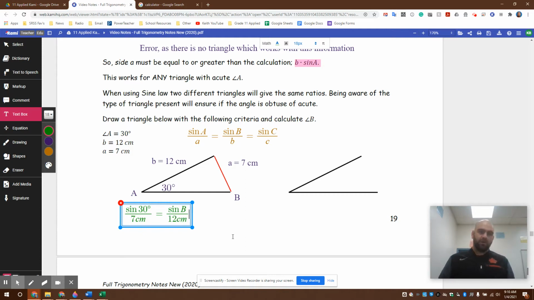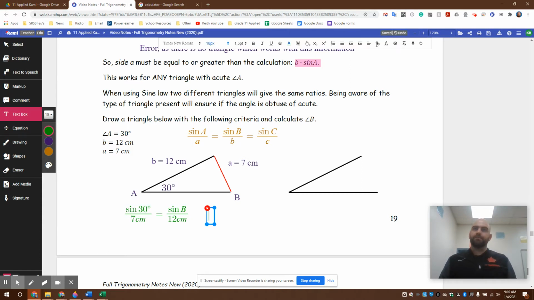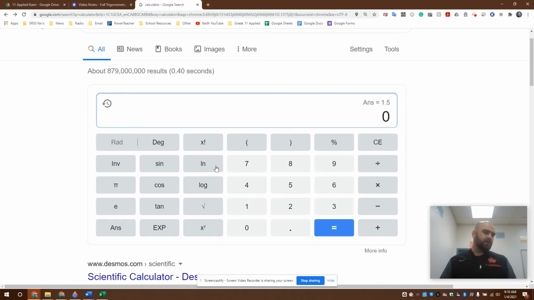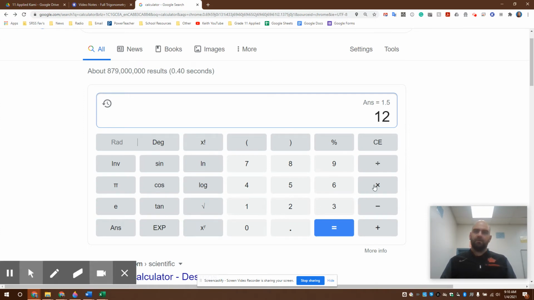Cross multiply and divide, which is what we always do. Let me quickly do a little calculator here. So we have 12 times sine 30 divided by 7.